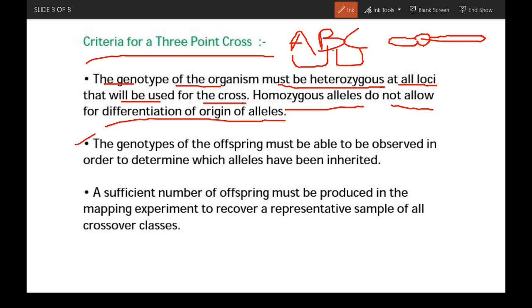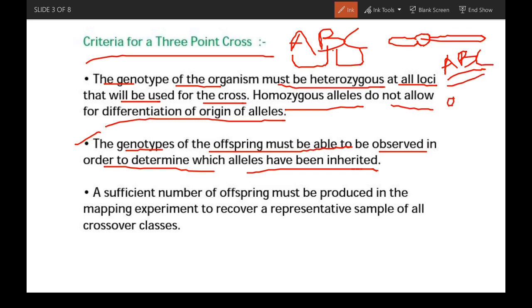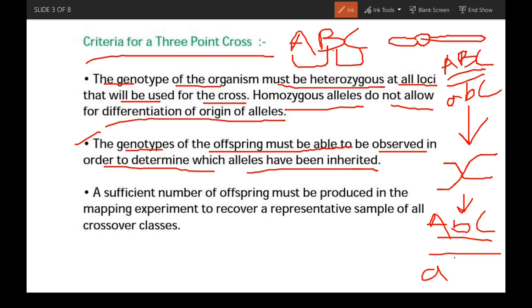The second criterion is that the genotypes of the offspring must be observable in order to determine which alleles have been inherited, right? So for A, B and C and a, b and c in a heterozygous condition, if recombination had occurred and this double crossover occurred, and we find something like this: A, b, C and a, B, c.